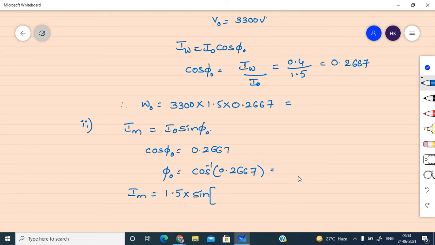Phi naught value is this. What is the value you got? Tell me the value.